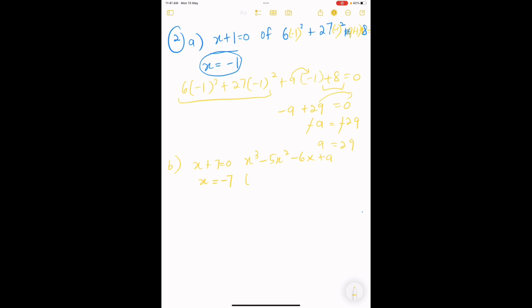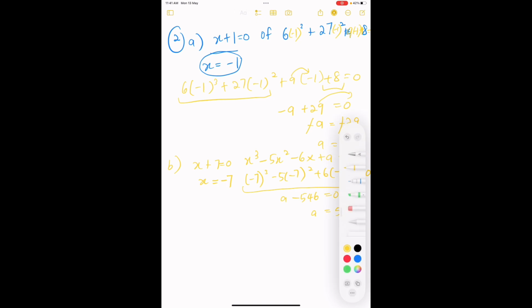So put everything, change all x with minus 7. Remember to equal it with 0, plus A equals 0. Okay, so from here, you solve all of the numbers, and you want A alone. A is 546.